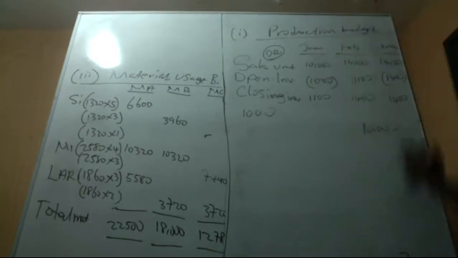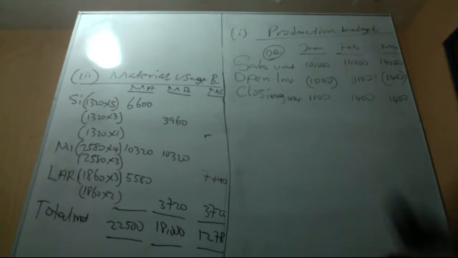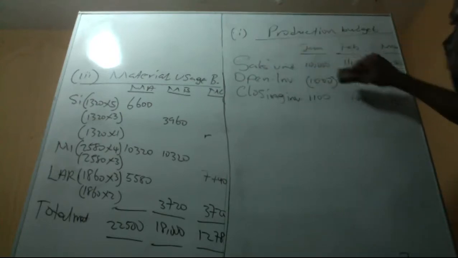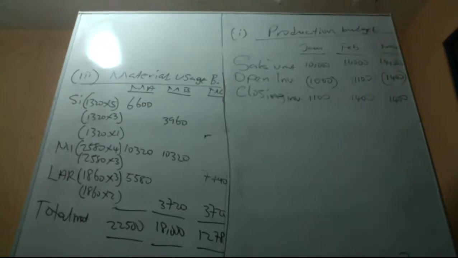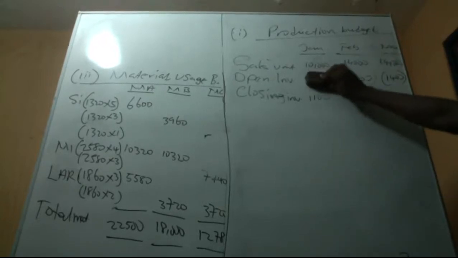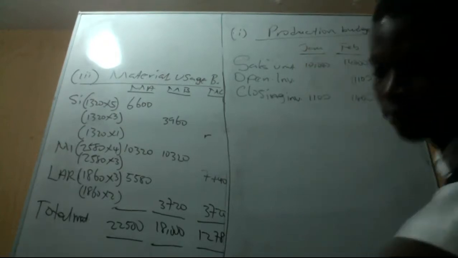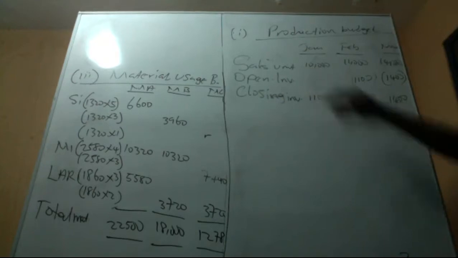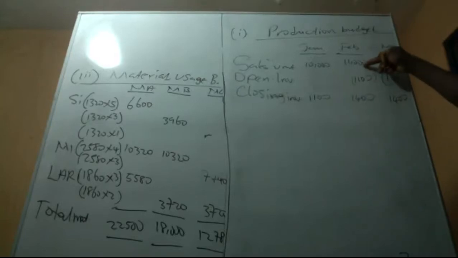Now let's assume that you didn't bring in the December figure, so this section was empty. Let's assume I didn't use that method. You realize that the open inventory for all of them is the same as 10% of that month's sales.